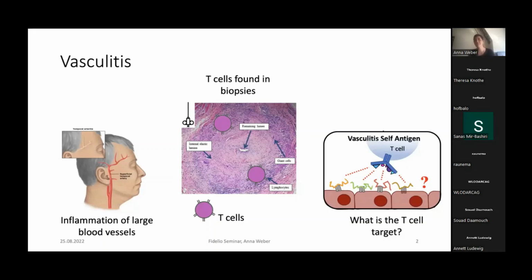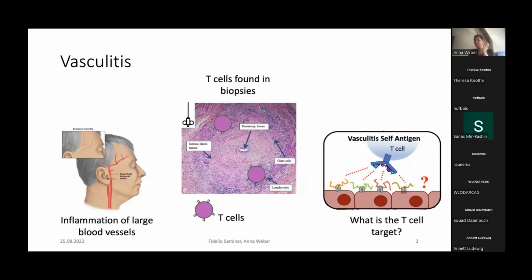So it's an autoimmune disease where the immune system starts to inflame blood vessels, and that can have very severe and very different consequences depending on which vessel is targeted.